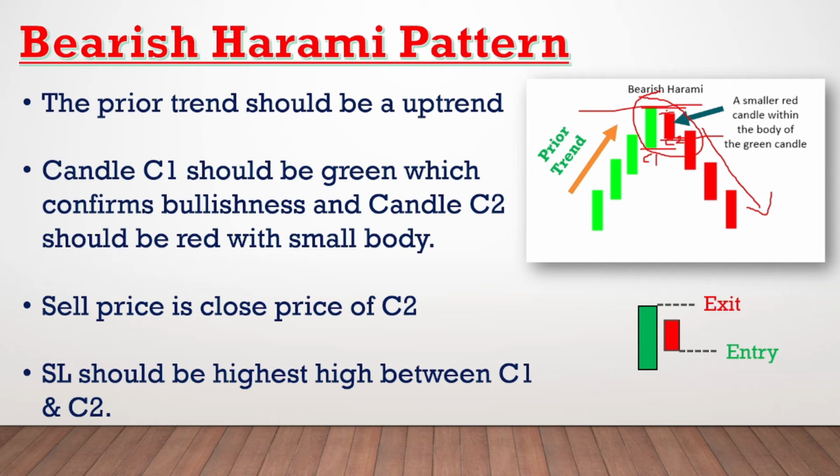If we see a bearish Harami pattern on the chart, we can look for short opportunities. So the same thing here, C1 is a bullish candle and C2 is a bearish candle. At this price point you can take the position, keeping the stop loss at the highest high between C1 and C2. This is about the bullish and bearish Harami pattern.